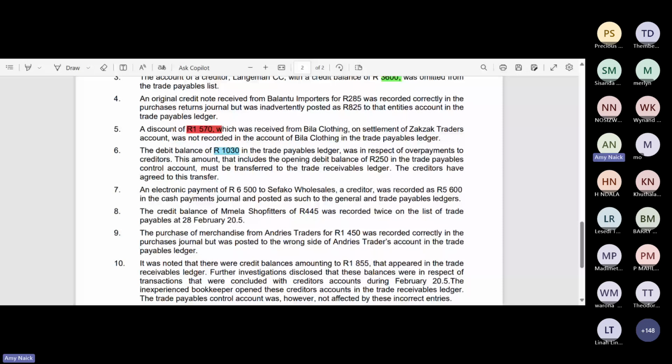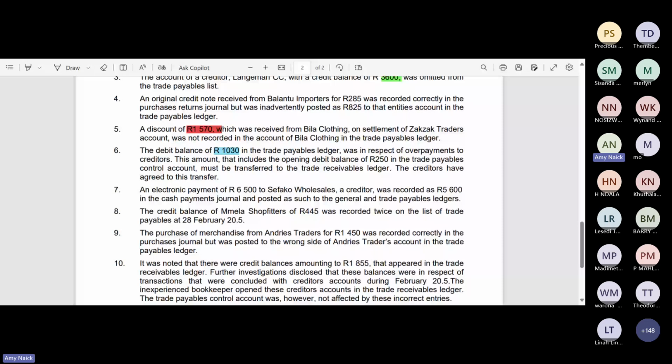One thing I want to draw your attention to is that they mentioned credit note. So there was a credit note, and it was incorrectly recorded on the listing. They're not saying anything about the trade payables control account being wrong. So we are going to assume that the trade payables control account is correct, and then make the adjustment on the listing, right?